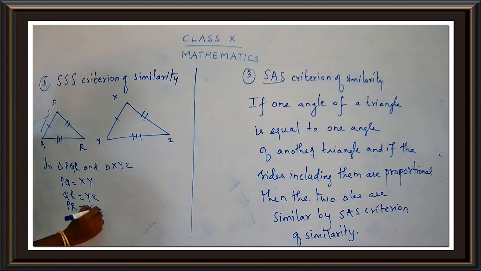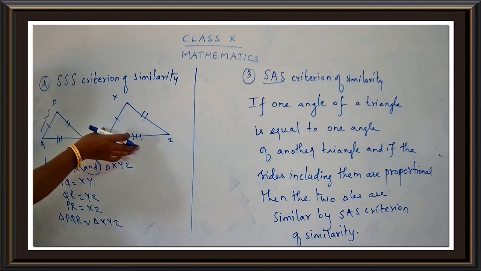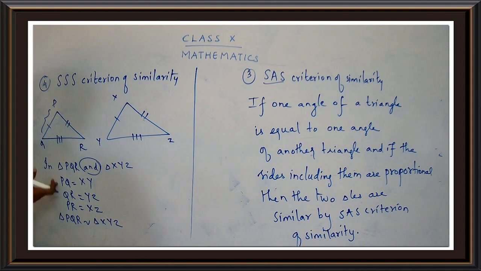Okay, children? So we have three sides over here. We are taking the three sides and showing that they are equal. So if you are dealing with the three sides, you say that triangle PQR is similar to triangle XYZ. Here I have just considered this because I don't know how the triangle is going to be similar. Here I am just proving the conditions.